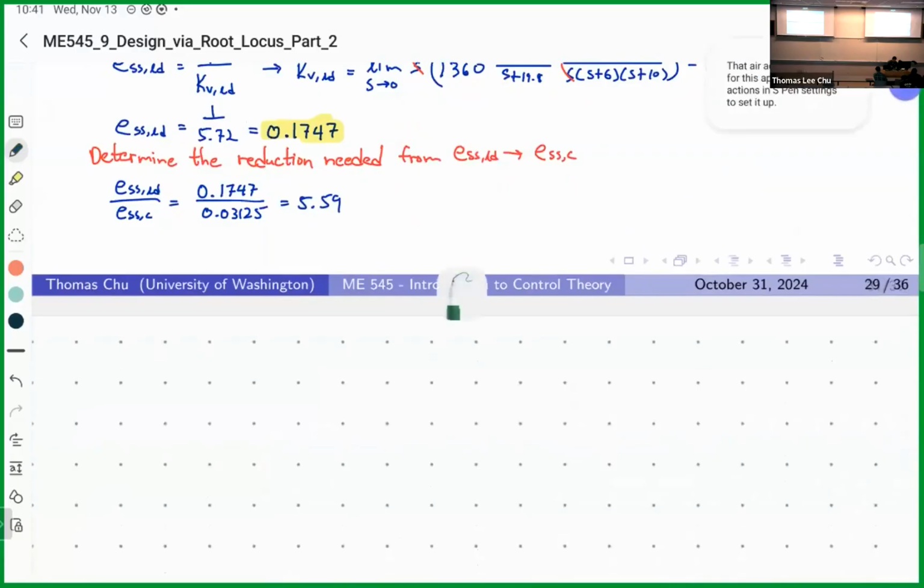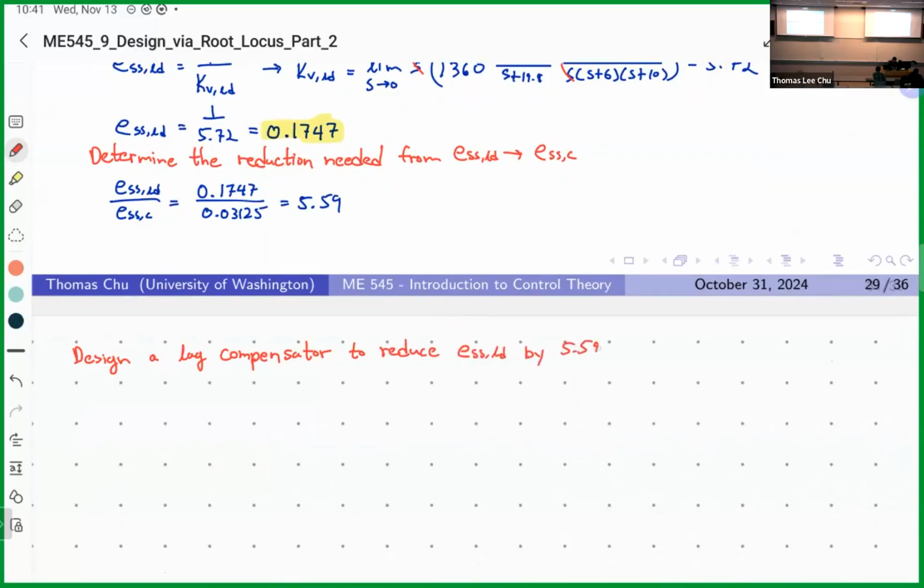Okay, so then we now have to design a lag compensator to reduce ESS lead by 5.59 times.